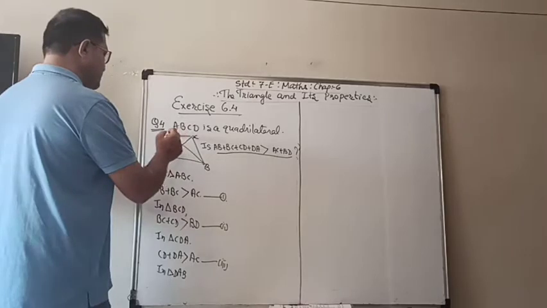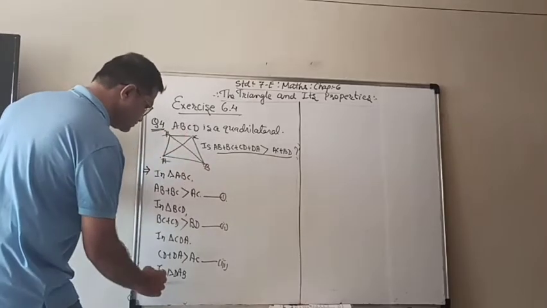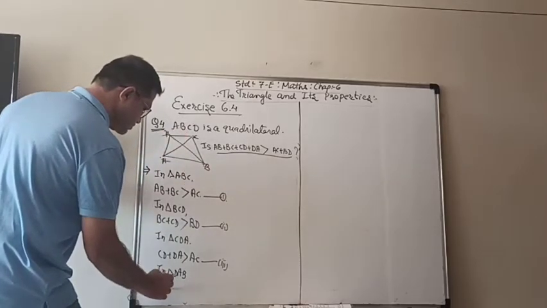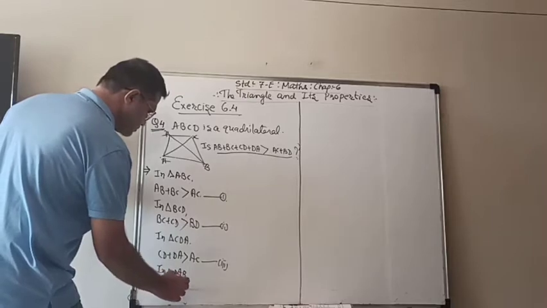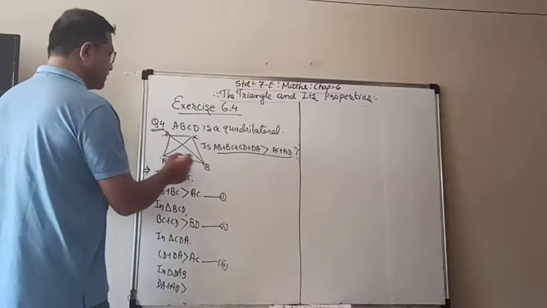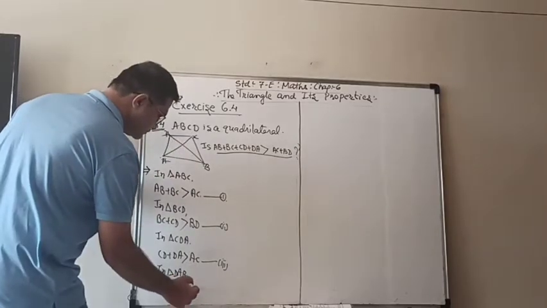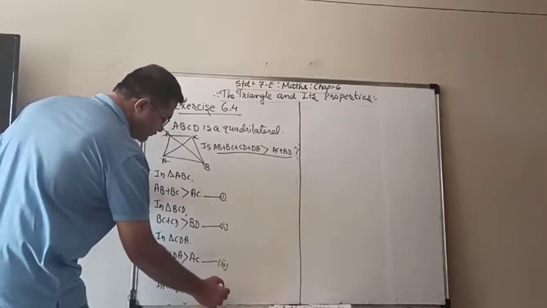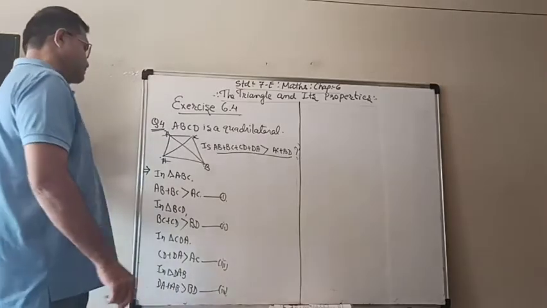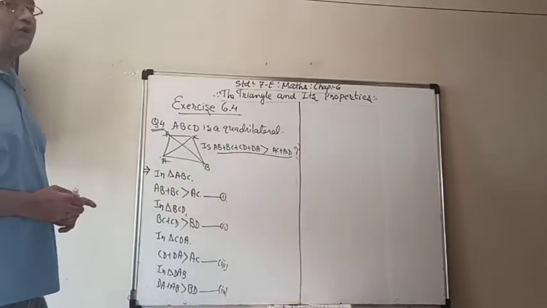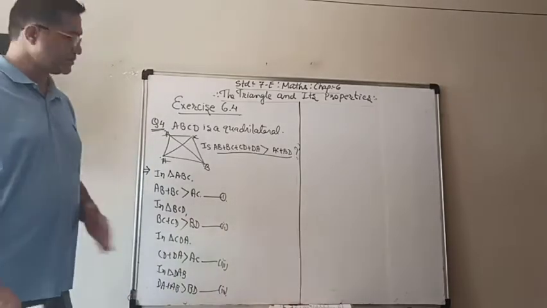In triangle DAB, DA plus AB is greater than BD. So here we got 4 results by taking 4 different triangles.